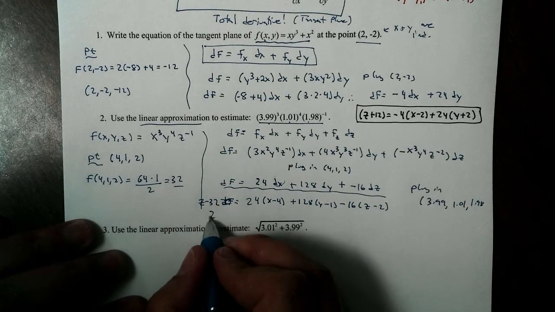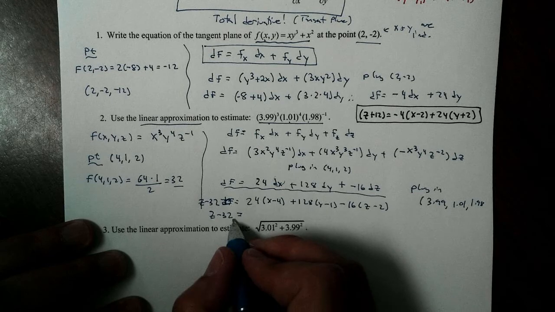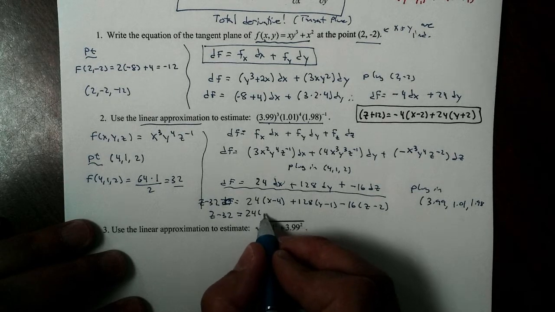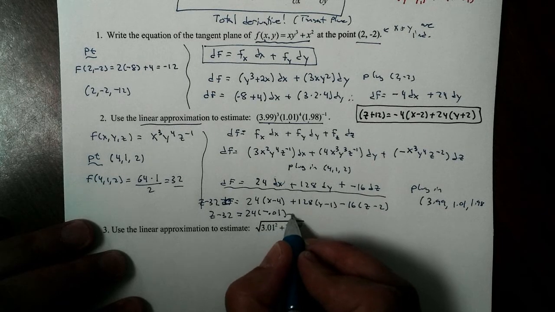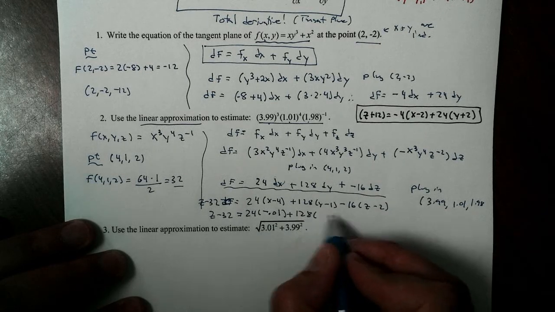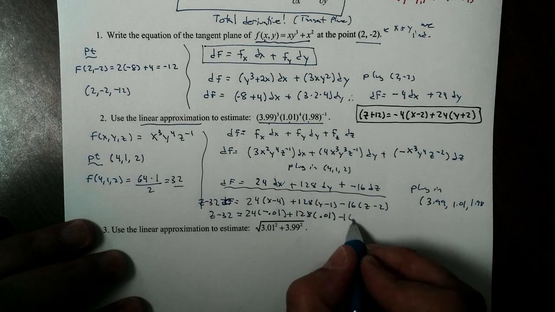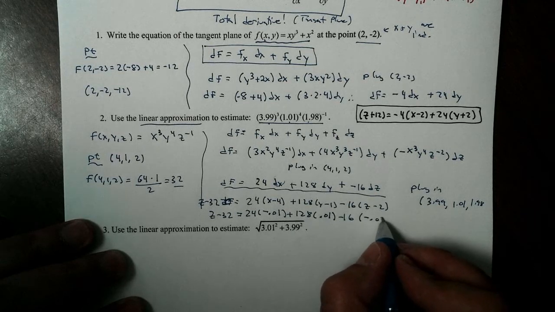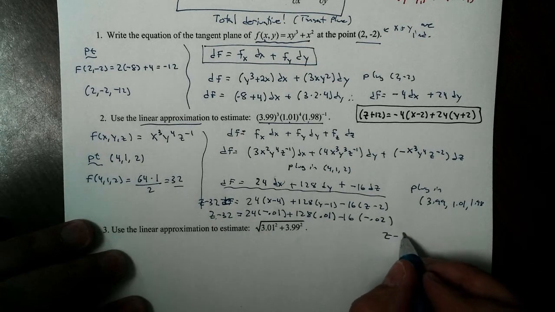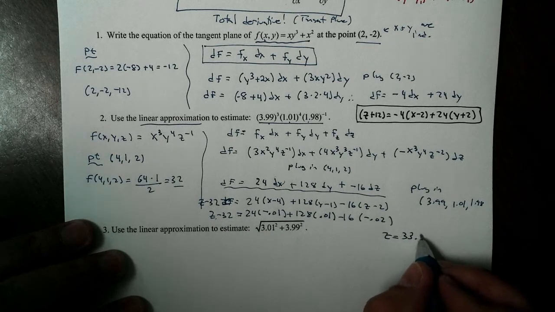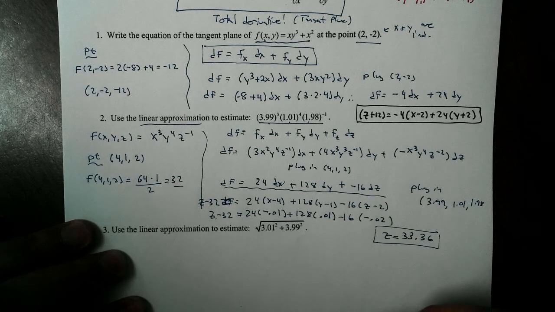And so we get z minus 32 equals, and this becomes 24 times negative 0.01, plus 128, plug in the y, we get 0.01 minus 16 times negative 0.02, and solving for z, we wind up with 33.36. Oh, that's just kind of a mess right there.